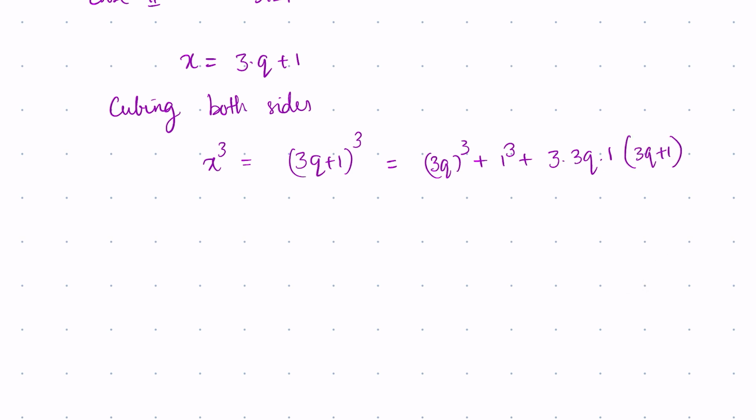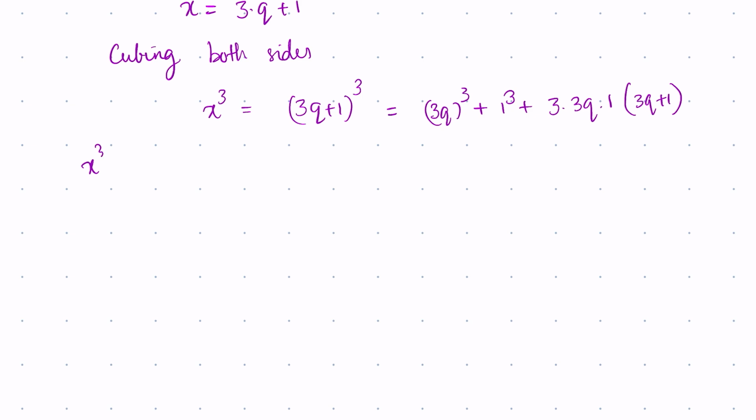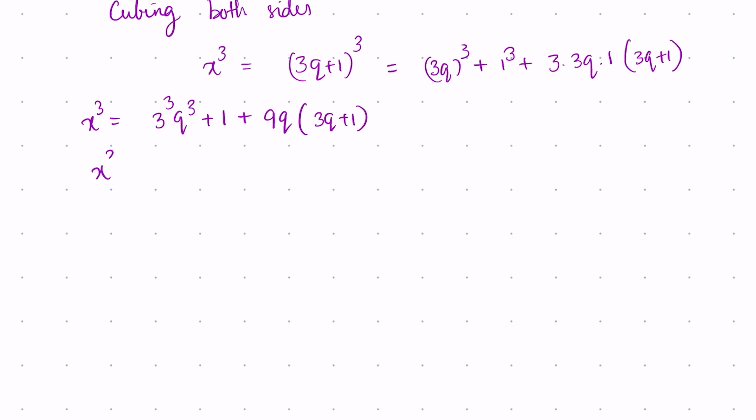Simplifying that further, x cubed is equal to 27q cubed plus 1 plus 9q multiplied by 3q plus 1, or x cubed is equal to 27q cubed plus 1 plus 27q squared plus 9q.